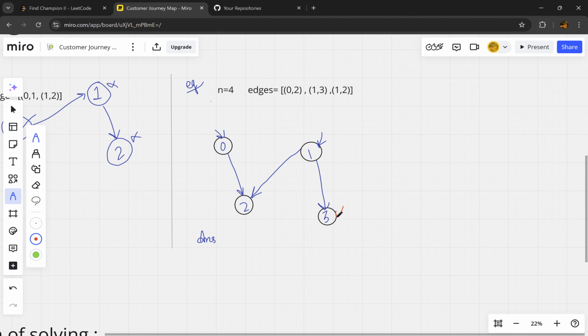That means it is disqualified. 2 is also weaker because it is weaker than 0 and also 1. Now in our case, this is also a champion and this is also a champion. You might be thinking what we have to do next. In that case, if multiple champions exist, we have to return -1.